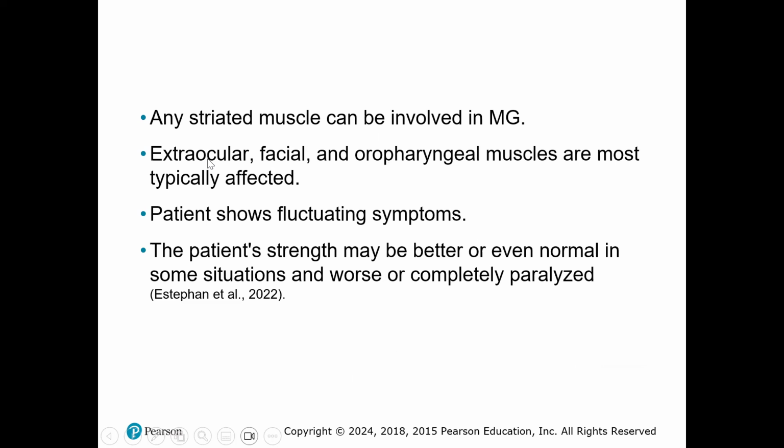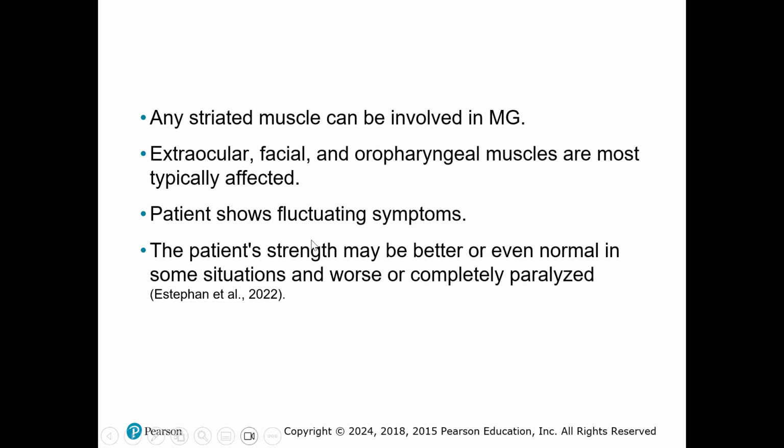Extraocular muscles control movement of the eye, so later on we are not able to move our eyes, or open or close them completely. With facial muscles, there is no facial expression by the end of the day. It's kind of a Parkinson's of the nighttime, though Parkinson's has a different pathogenesis, which we will cover some other time. Oropharyngeal muscles help in swallowing, so that is affected.